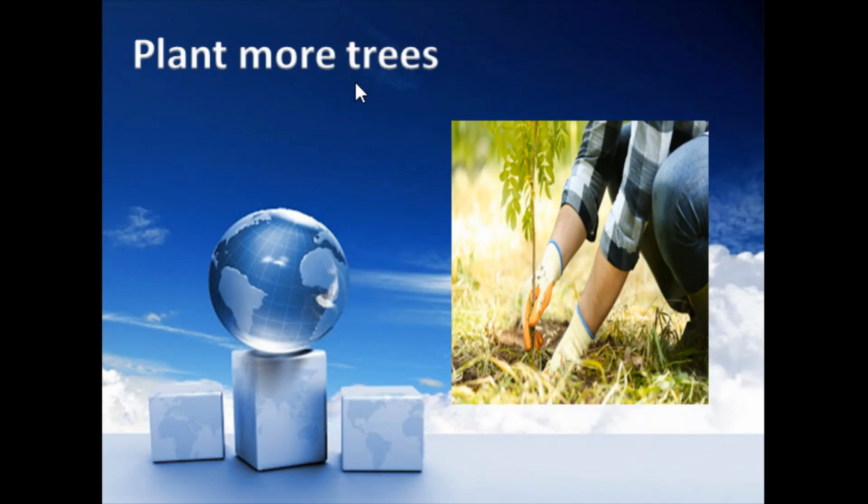If we plant more trees, it's hard for floods to attack us, and floods would be minimized because there will be trees that will be protecting us. That's if we plant more trees. Okay? Very good. Remember it.